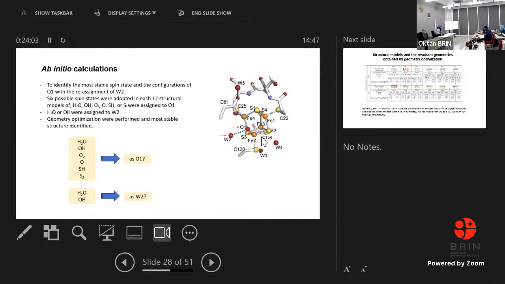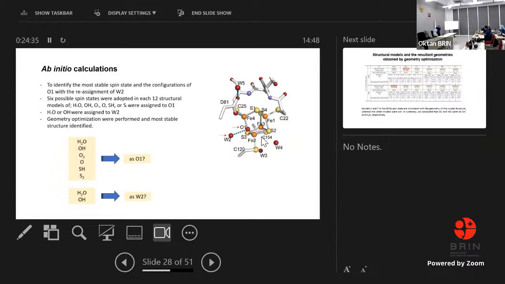All right. So in this case, we want to determine what is the oxygen species and this W2 species that is present in the superoxidized form. So we try to identify the stable spin states for each configuration of the oxygen species that might be assigned to this proximal cluster.